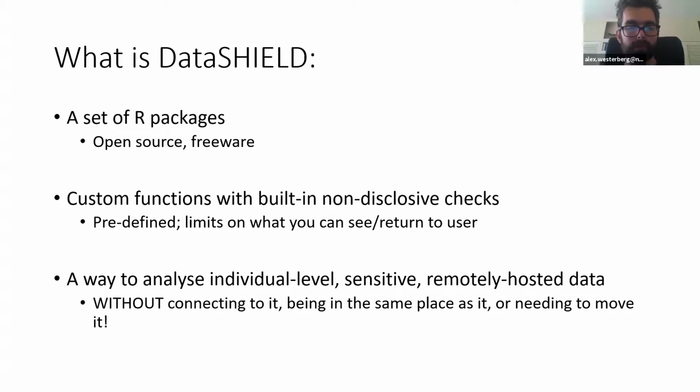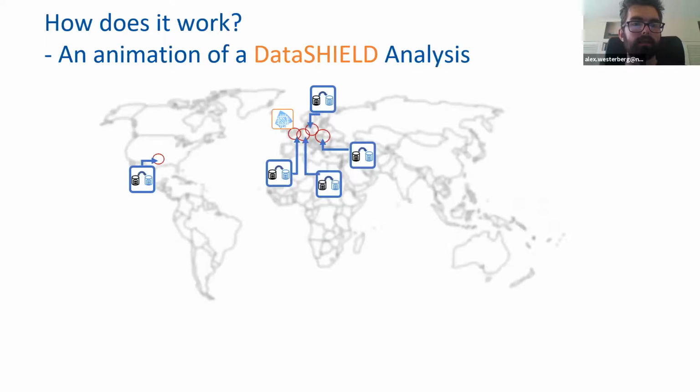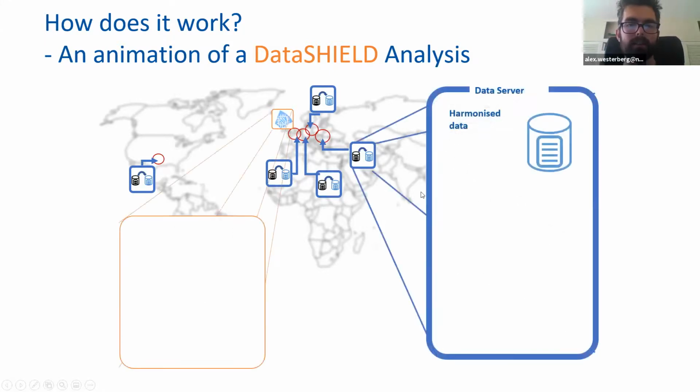So moving to the animated slide. A picture of the world with various servers distributed across it. So a few in Europe and one in America. So that's me in the UK. And looking inside that, we have got the analysis session.